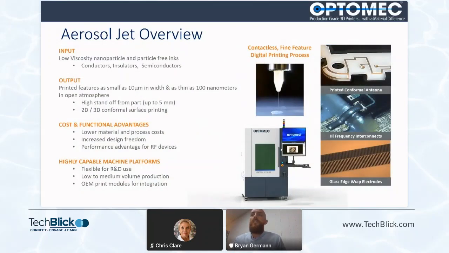Just a deeper dive into what Aerosol Jet is and what it's used for. It's a contactless, fine feature, digital printing process that happens in open atmosphere, and the unique capability of the technology is this input-output mechanism where we can take particles like conductors, silver, gold, copper, an insulator material, or even semiconductor materials, and put them into the printer and then output extremely fine features and thin coatings at a very high standoff distance, which allows us to print onto 2D and 3D conformal components.